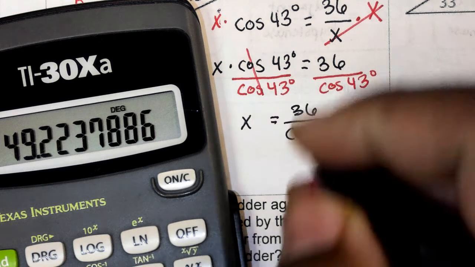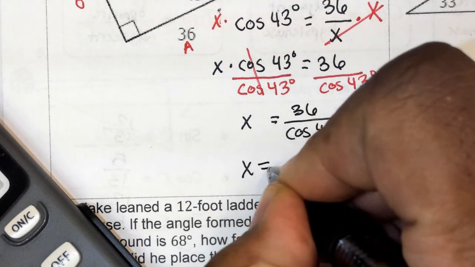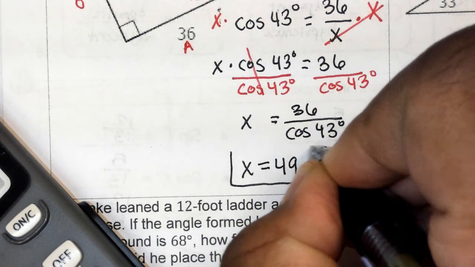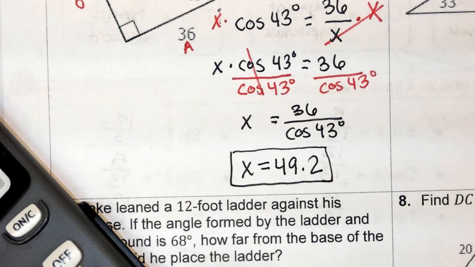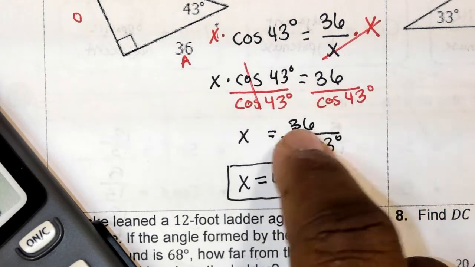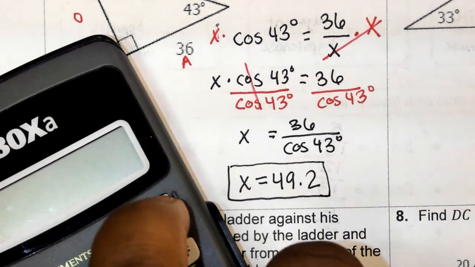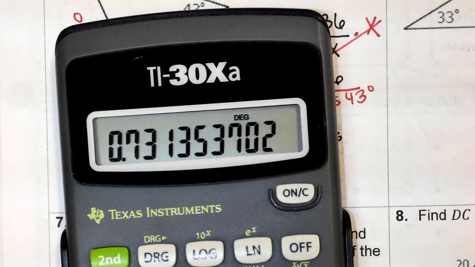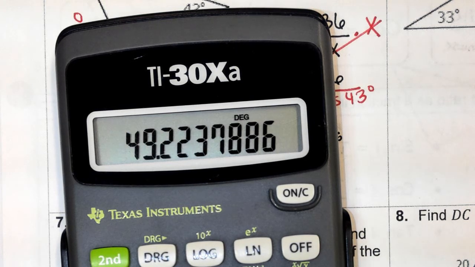So instead of doing 36 times root 3, you do 36 divided by, please. I put in the calculator again for you. 36 divided by 43 cosine equals. Make sure you see it in your calculator too, please.